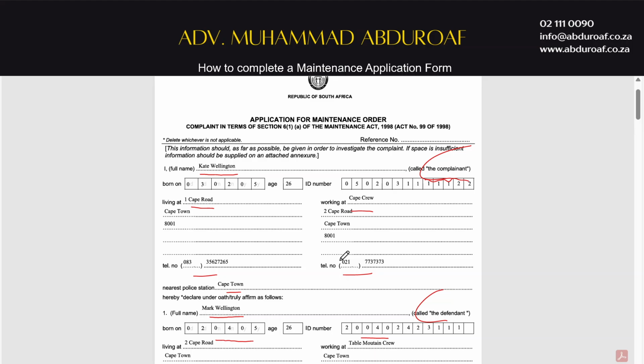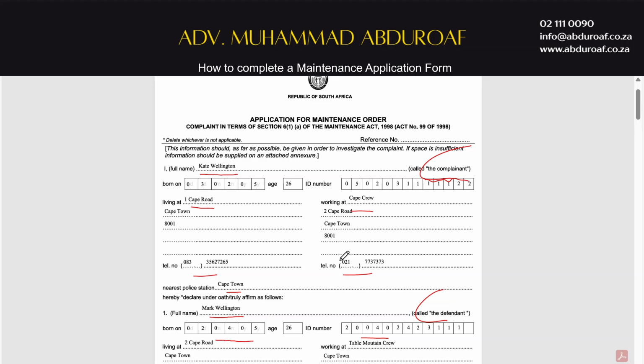If it cannot be resolved, the maintenance officer might postpone this matter for further documentation, for an investigation by a maintenance investigator. That's also very interesting, where the maintenance investigator might dig around with bank statements, credit checks, and so on. And alternatively, the maintenance officer might say this matter should now go to a maintenance trial in front of a magistrate.